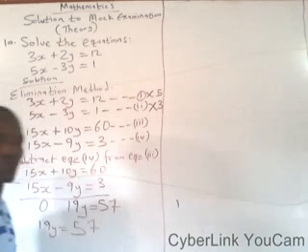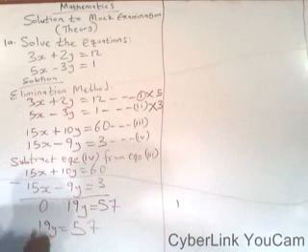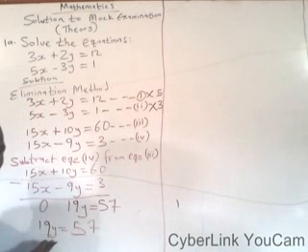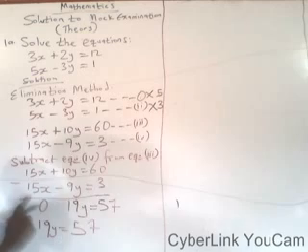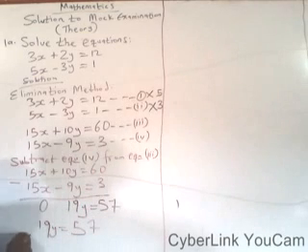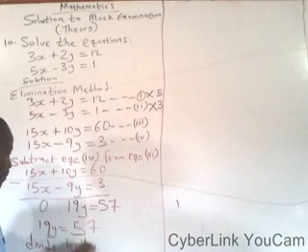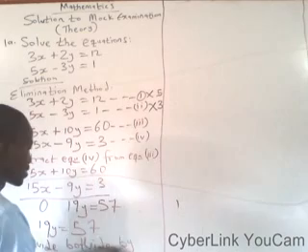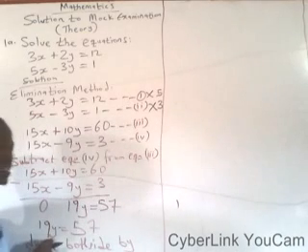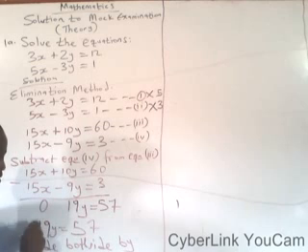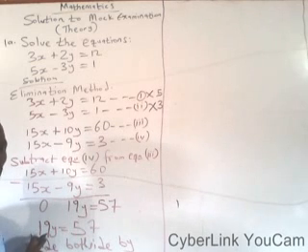What are we going to do to achieve our aim, to get our value for y? A step we are going to take: we are going to divide both sides by the coefficient of y here, which is what? 19. 19 is the coefficient of y here.